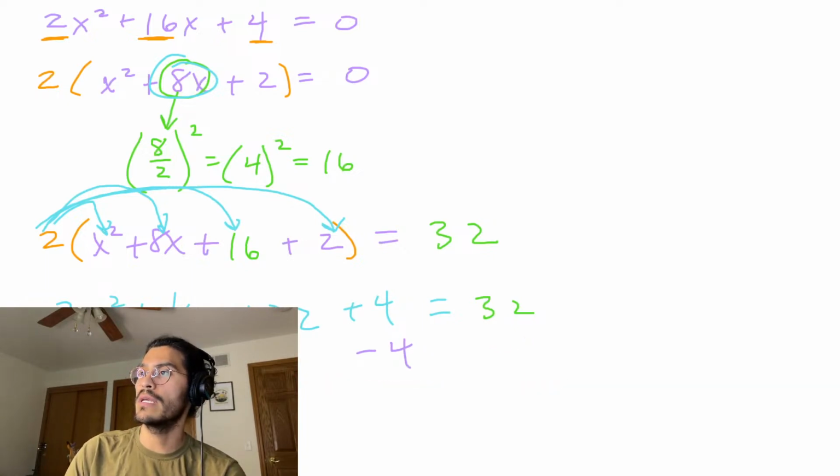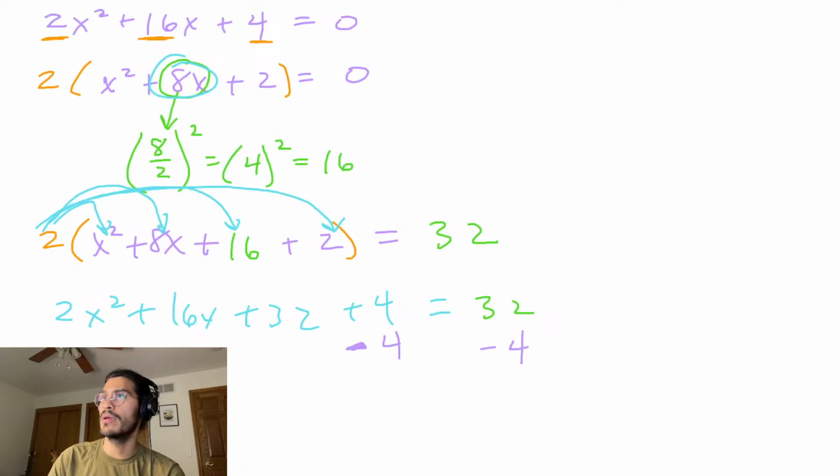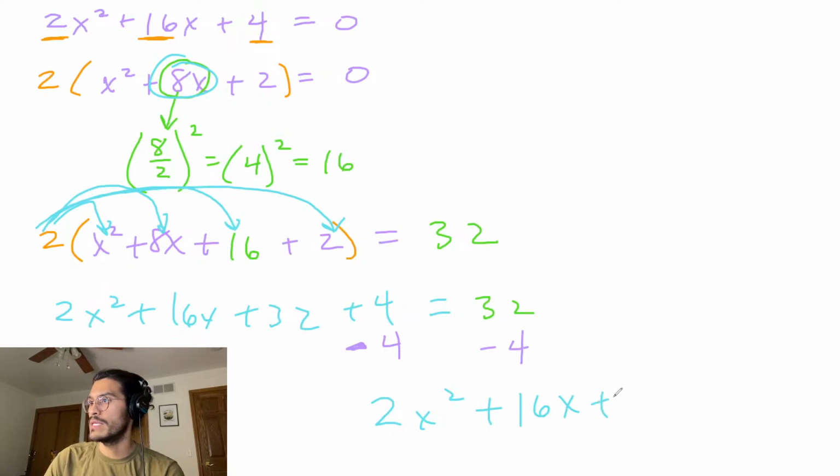Oh, let's see. I'm writing in the blind spot. Let me leave that here. I'll just make myself a little smaller. Problem solved. So we need to subtract 4 from both sides in order to then wind up with 2x squared plus 16x plus 32 equals 32 minus 4, which gives us 28.